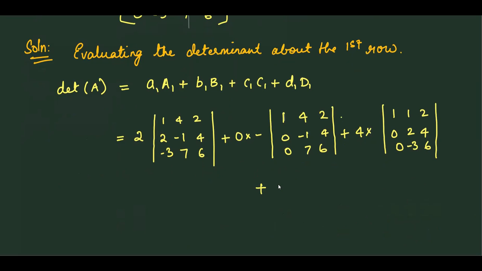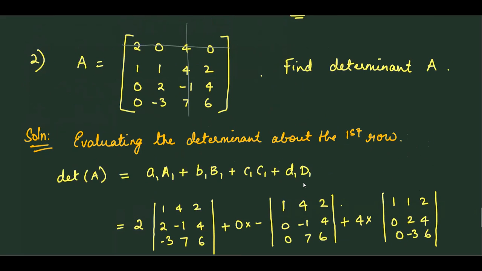Plus the last one, 0 times, now you get a minus sign, because minus 1 to the power, this is 1 4, right? 1 plus 4 is 5, so minus 1 power 5 will be minus, so the cofactor associated with this term will be negative.